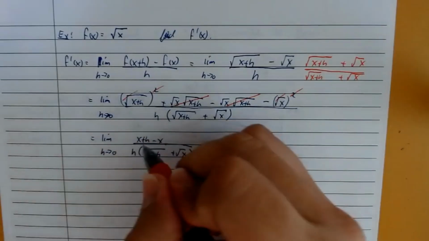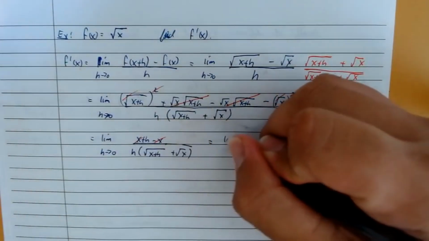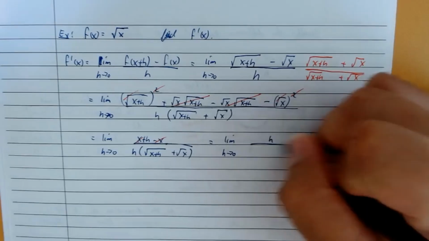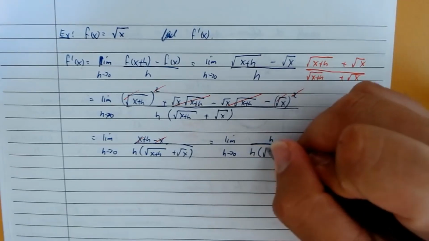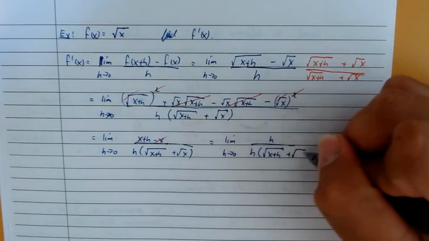Notice that in your numerator, these x's now subtract away. x minus x gives you 0. So you are left with the limit as h goes to 0 of h over h times square root of x plus h plus square root of x.